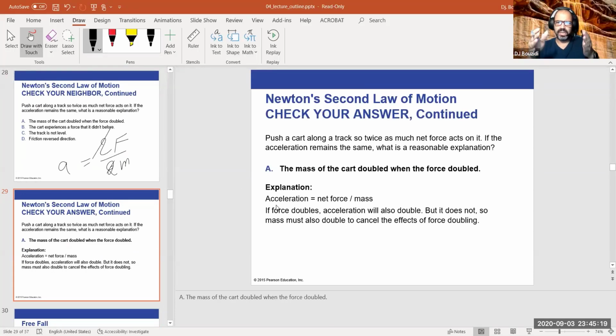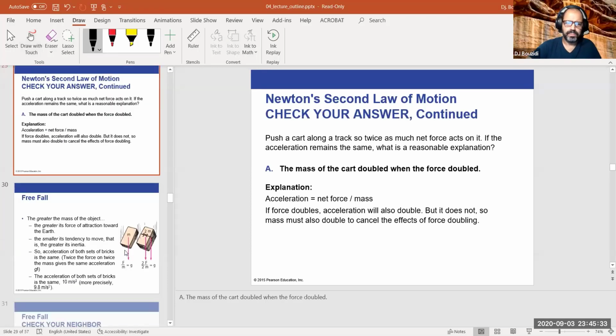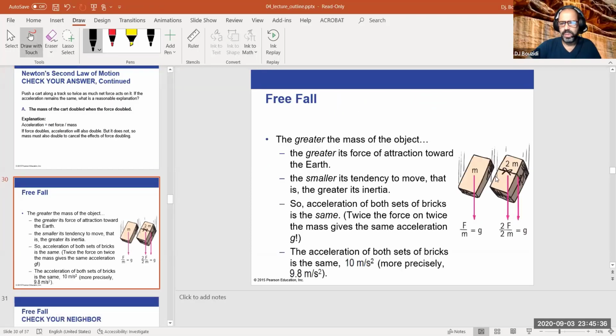Again, there is that cause and effect relationship. You're looking at what happened and looking at the cause. The cause doubled, the effect stays the same, so you have the third culprit in the equation, the third party, which is the mass in this case that plays a role. And this is actually what Mr. Galileo demonstrated with the object that he dropped from the Pisa Tower: with twice the force, twice the object, g stayed the same.